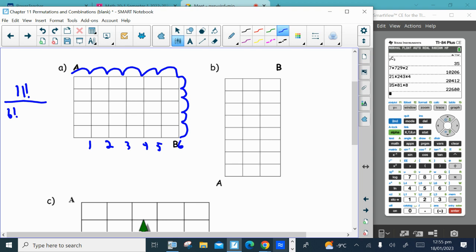So that's repetition, 6 factorial on the bottom. In the same way, we count the number of blocks going west to east. But again, you don't start counting until you move. So the first one would be this one. 1, 2, 3, 4, 5. All those are going the same direction. So it's repetition. So this is one way to get our answer.